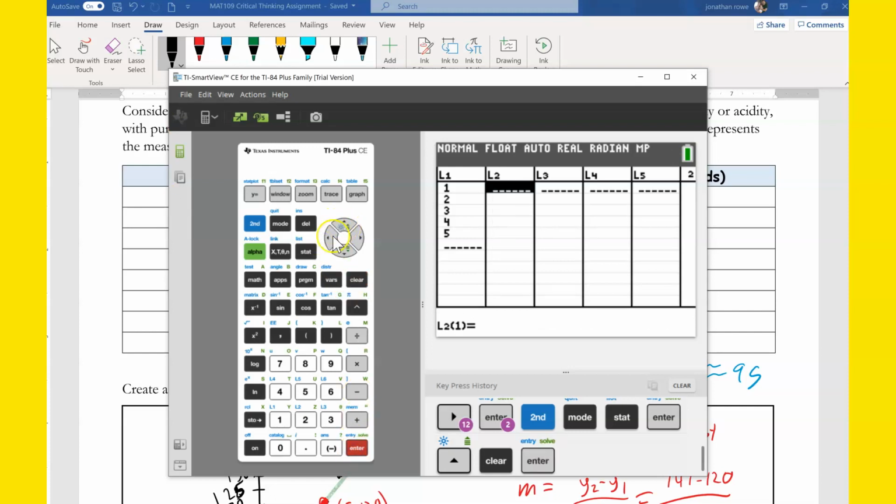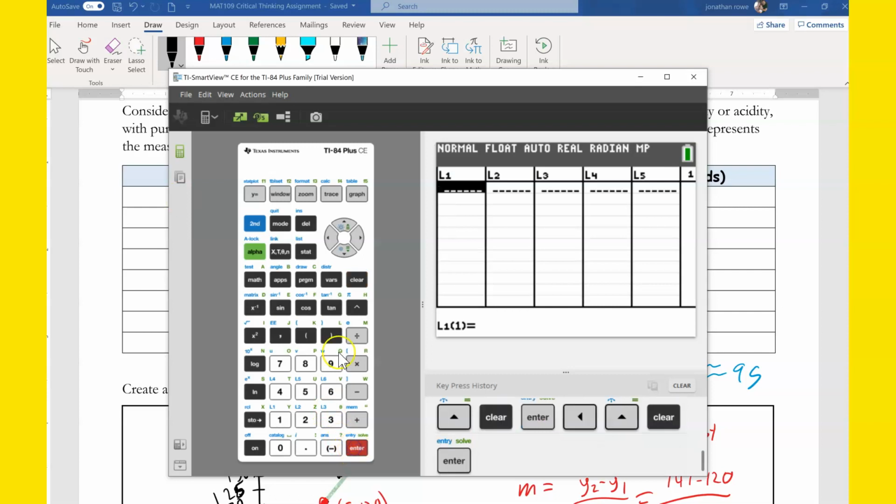Then I click over to L1, hit Clear and Enter, and it clears the whole L1 list. In L1, I'm putting in 4, 5, all the way to 11, which are all those pH values given in the table.